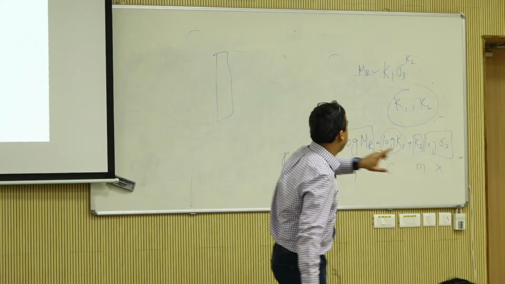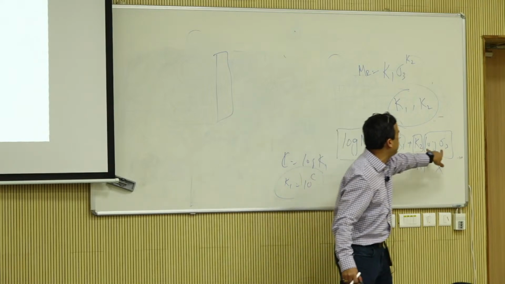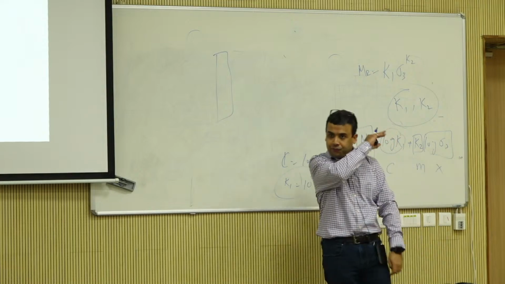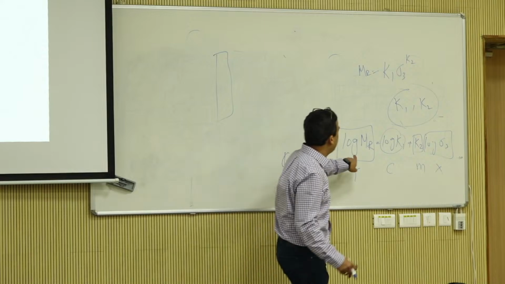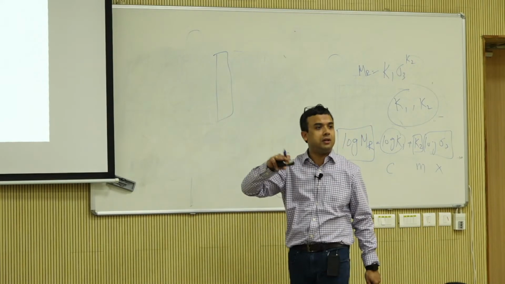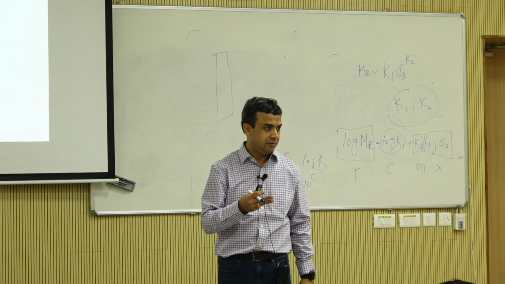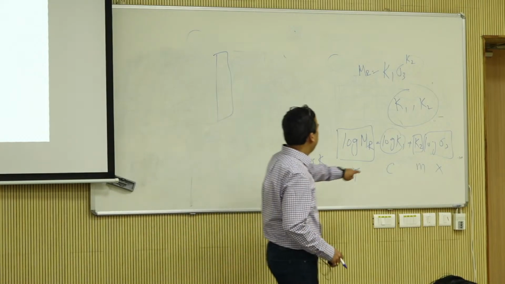So you are going to plot log MR versus log of sigma 3, and fit a straight line to it. My model formulation says it should look something like this, and I am going to just decode the model parameters. Then we have K1 and K2.